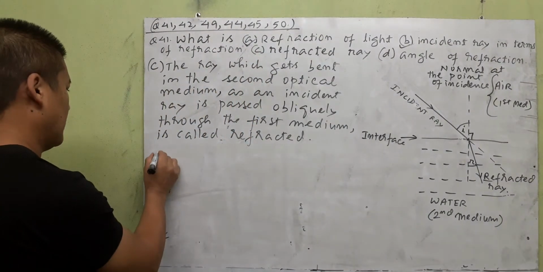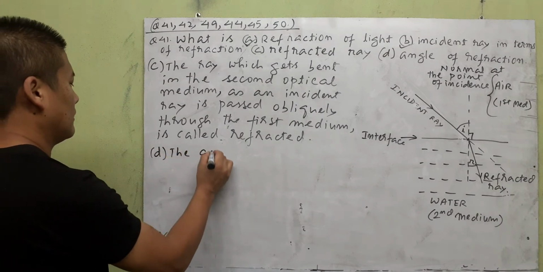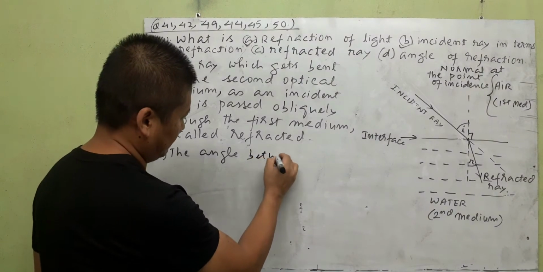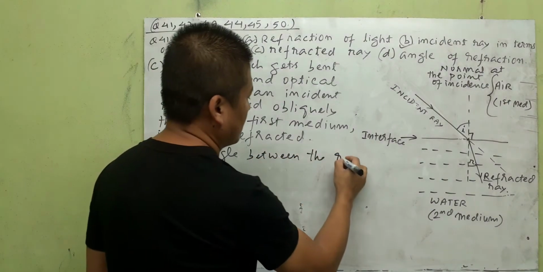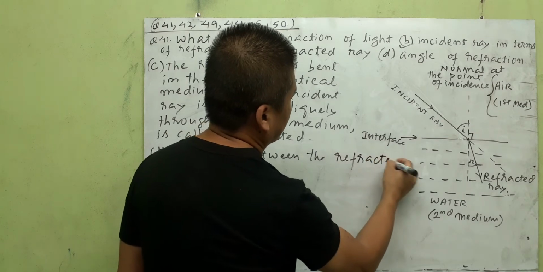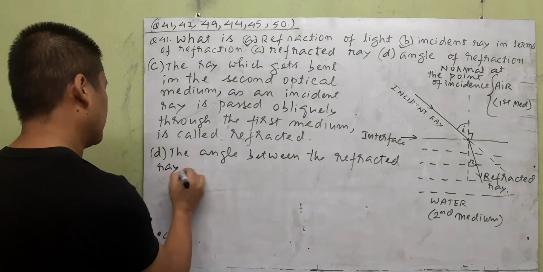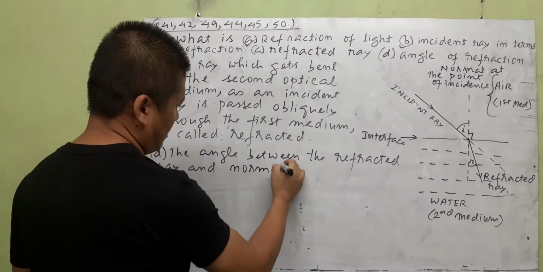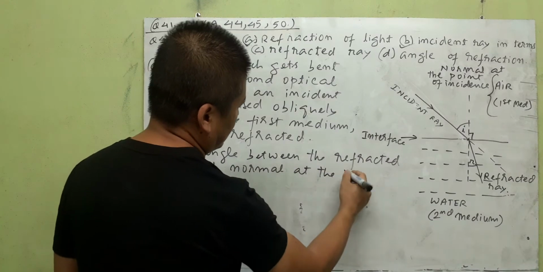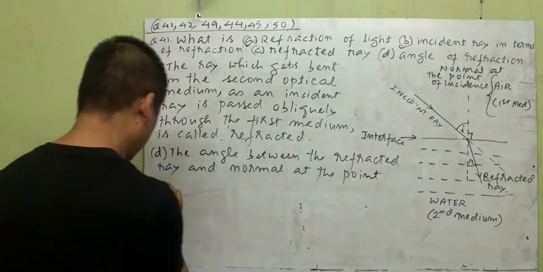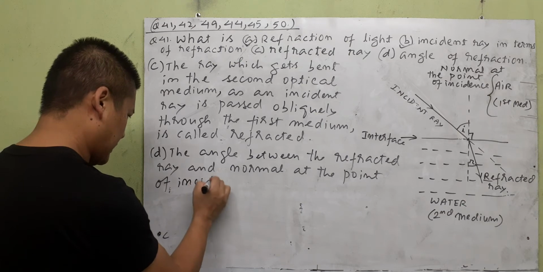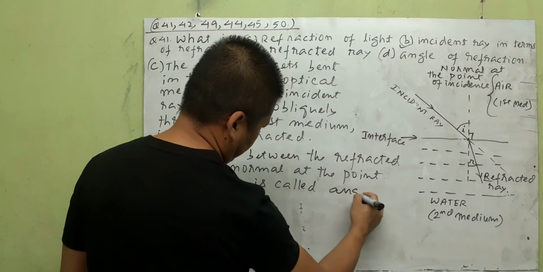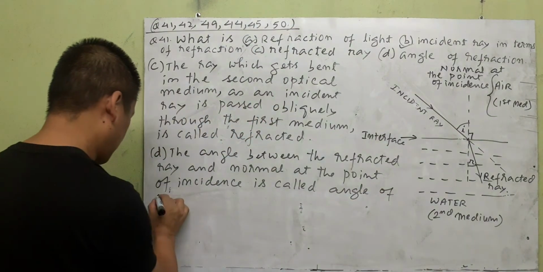That is the angle between the refracted ray and the normal at the point of incidence, and it is called the angle of refraction.